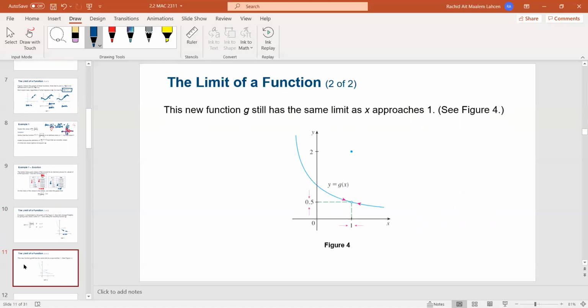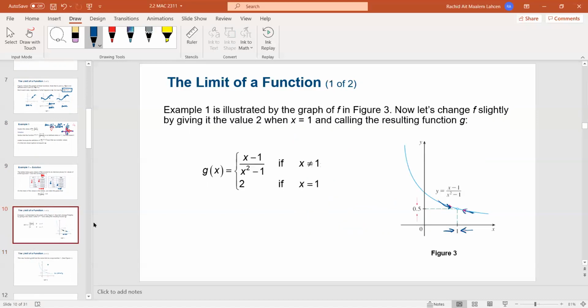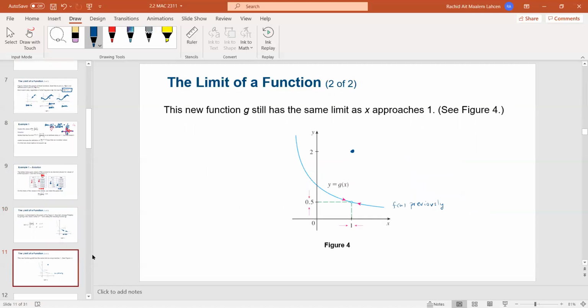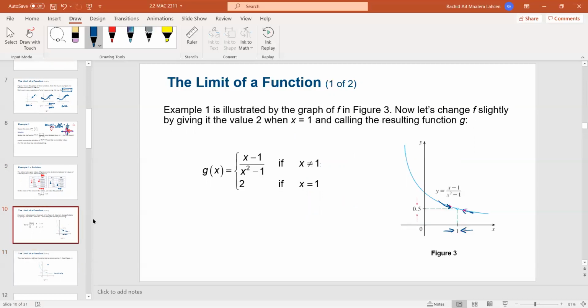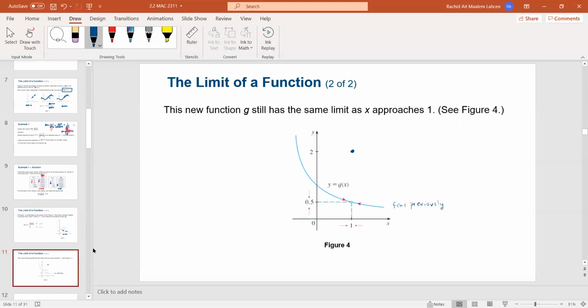The first one is the one that we did previously, f of x, and it's still the same function. The second part of it is this part. G of x equals that if x is not equal to 1. At x equal to 1, we'll put the dot at 2. That's it. The other part I graphed previously. So we have both parts in g of x.